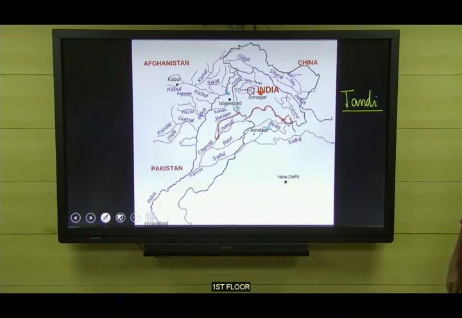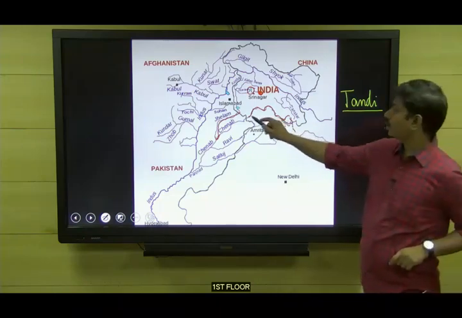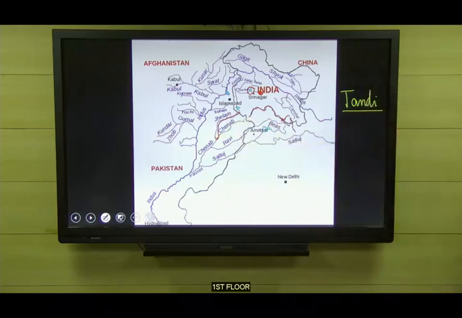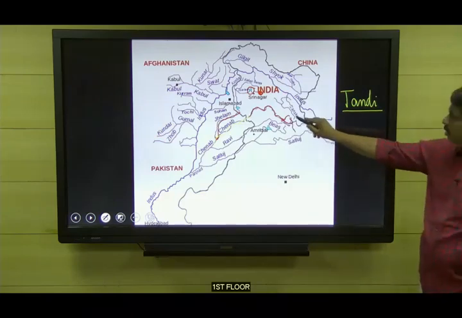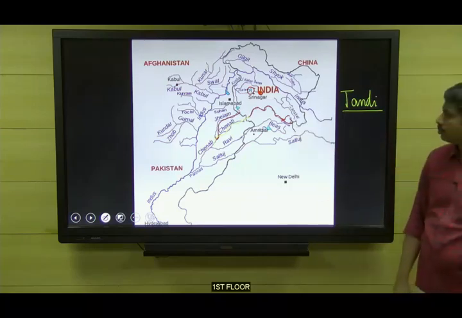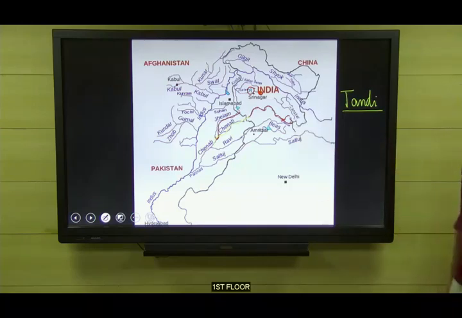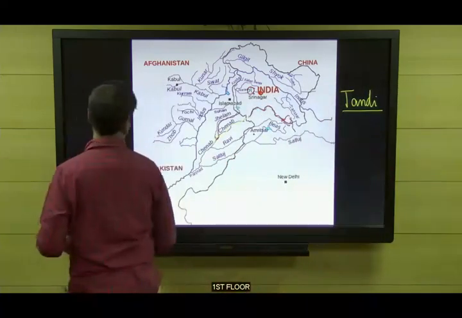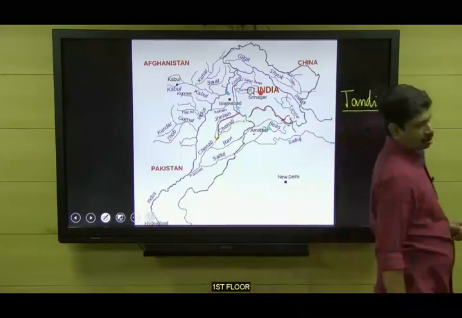So the river again flows into Pakistan. And the origin is in Himachal Pradesh. Next river, Ravi.